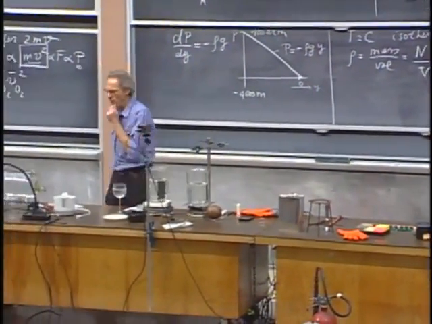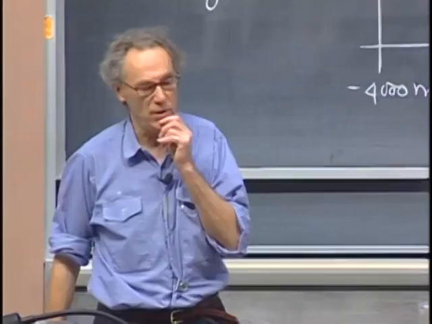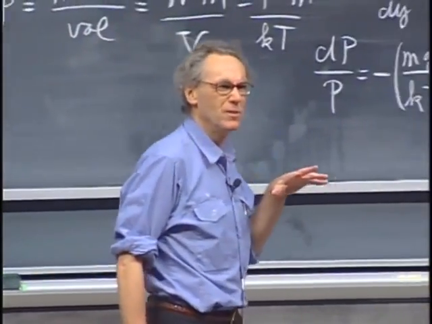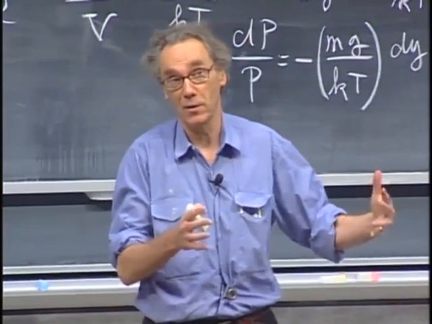Well, we have 20% oxygen. We have 80% nitrogen. The atomic mass number of oxygen is 32. Nitrogen is 28. But really there is more nitrogen than oxygen.